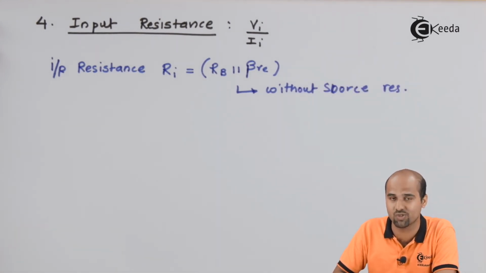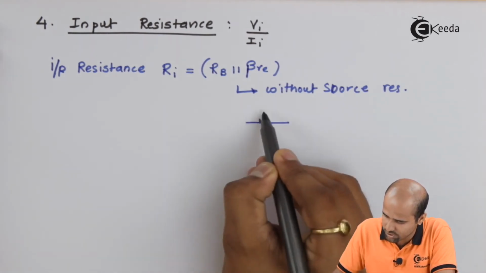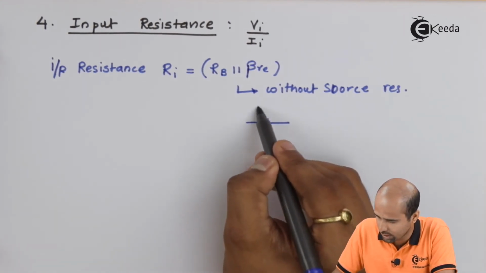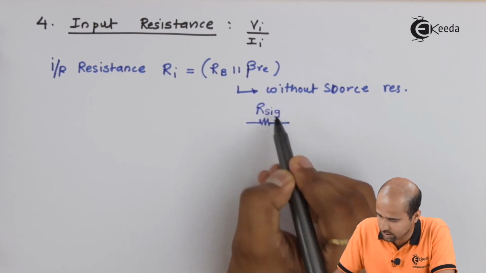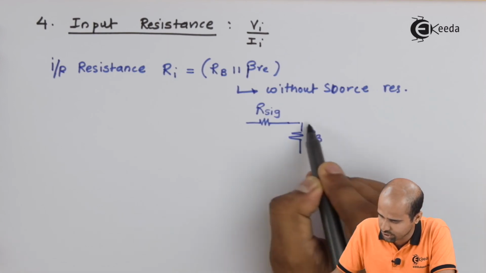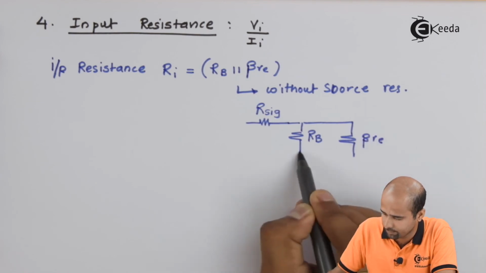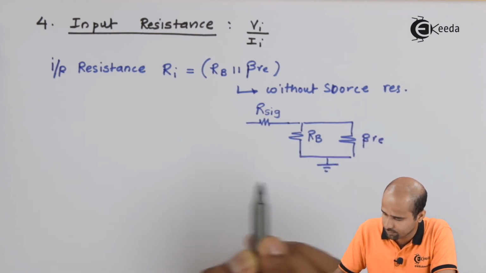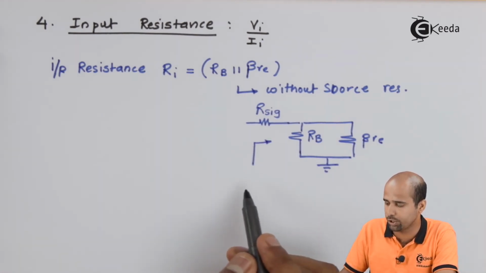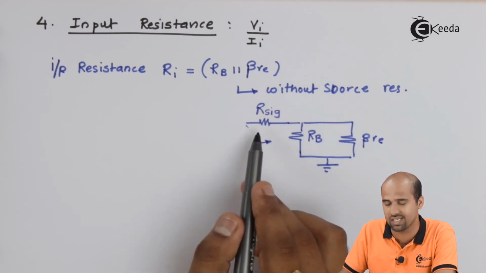Now if we place a source resistance, then the picture will be like this. Source resistance is always and always in series with your voltage source. So I can say that this is your R signal, this is your RB, which is nothing but R1 parallel R2, and this is your beta re. Now if you look from this particular side, I just wanted to add this R signal, because this combination is in series with R signal.